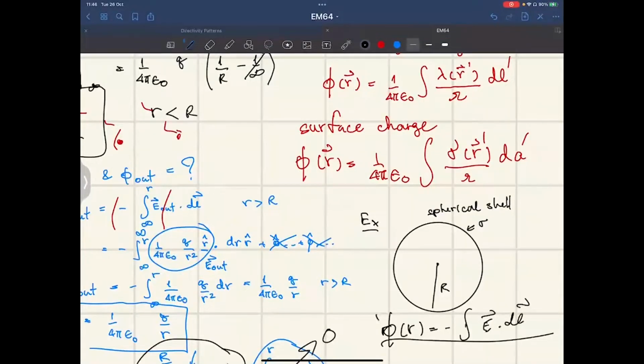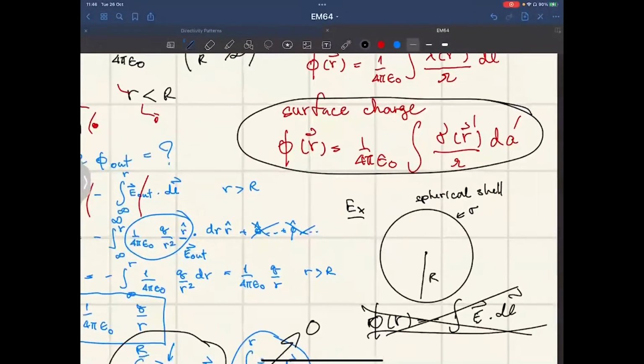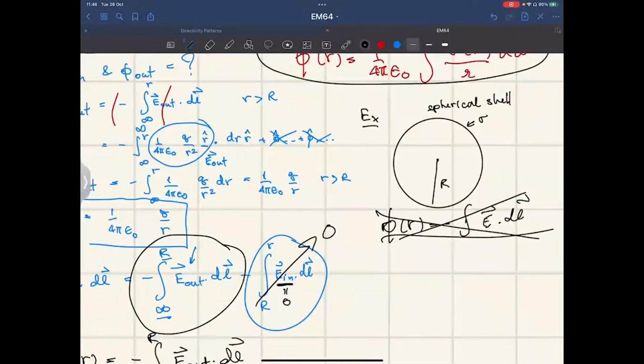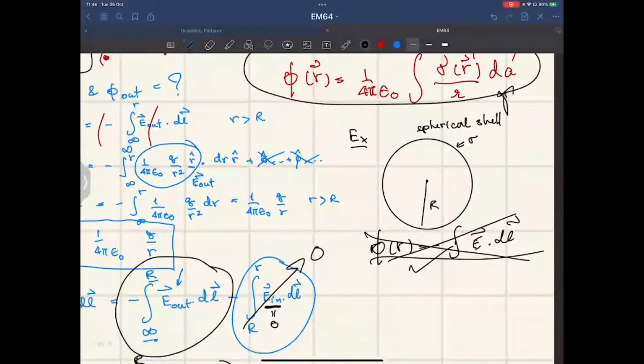Now we're not going to use this, we're going to use this, and it should give you the same result. If you have a different result, it means something is wrong, whether you did this one incorrectly or that one. Okay, they must be equal.